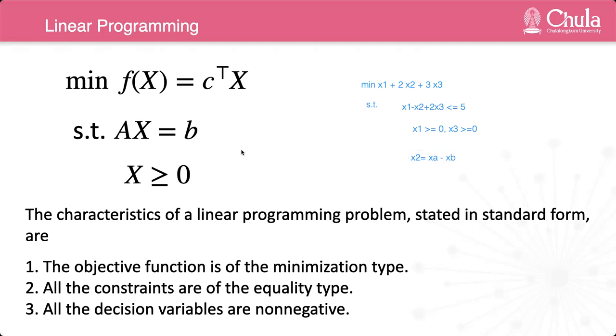Then the problem becomes minimization of x1 plus 2 of xa minus 2 of xb plus 3x3.